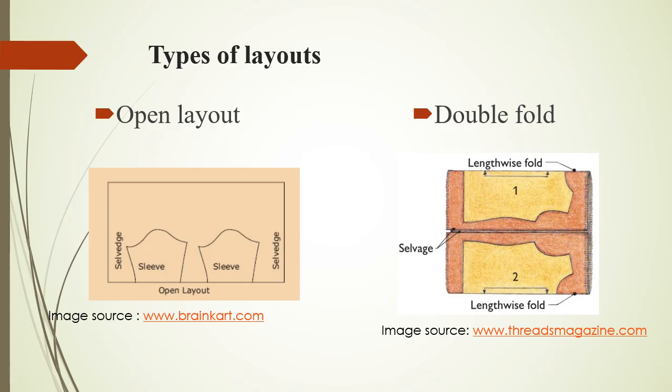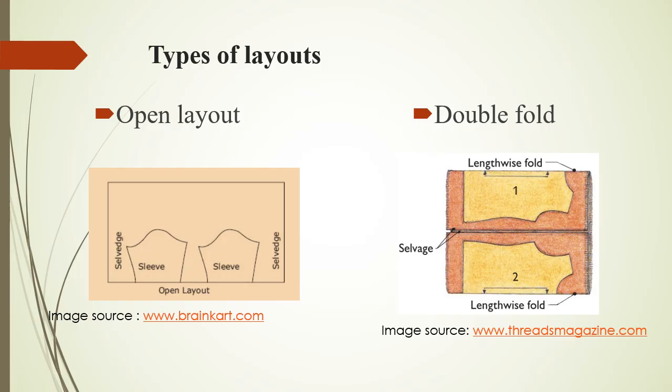The next one is the open layout. When we are dealing with symmetrical designs, we can directly fold it on fold and cut it, but when we are dealing with asymmetrical designs, we need to cut on a single layer; we cannot cut on the fold. So for that kind of design we require the open layout.